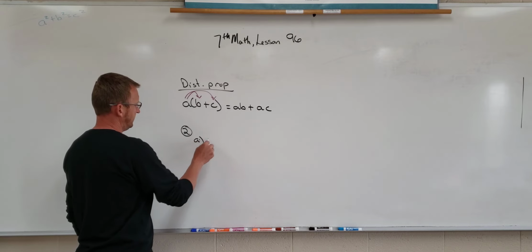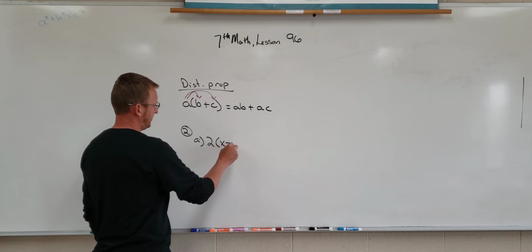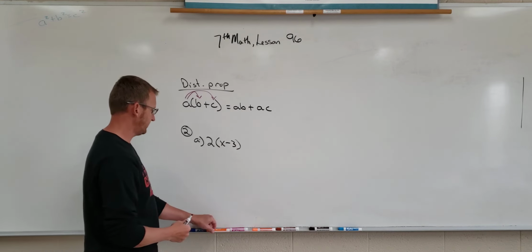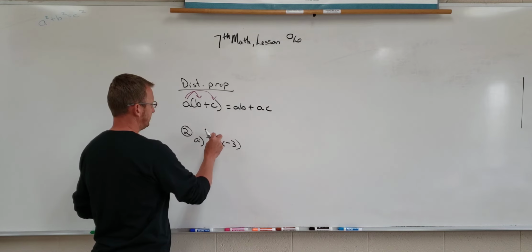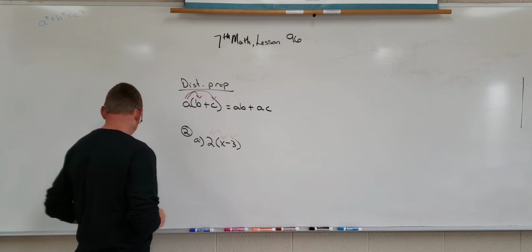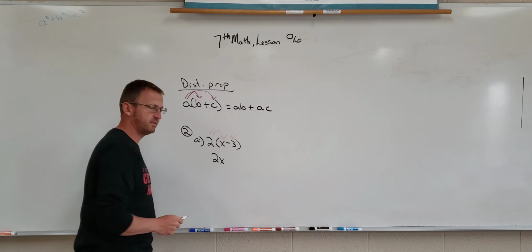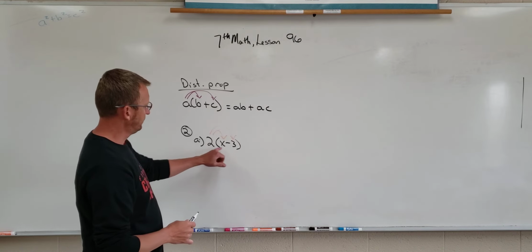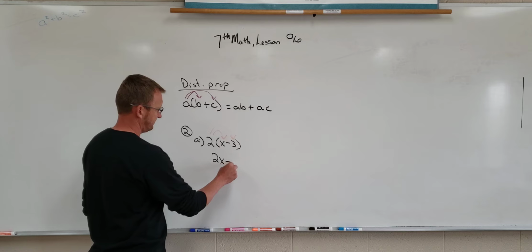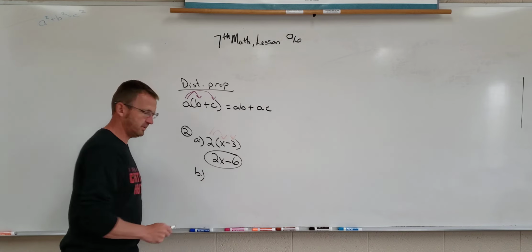So example 2a, we have 2 times x minus 3, and we're doing the distributive property, which means we're going to distribute 2 by way of multiplication. So 2 times x gives me 2x. 2 times 3 gives me 6, but I have that negative, so it becomes a negative 6. So you're distributing.